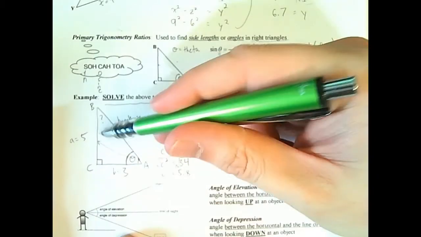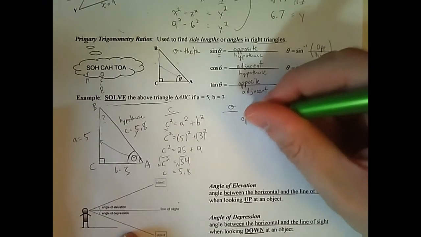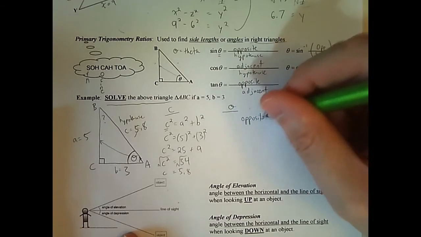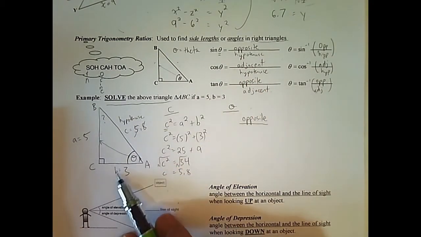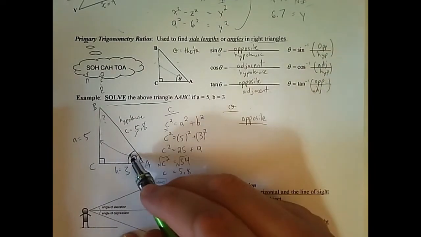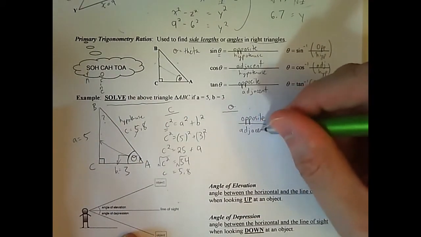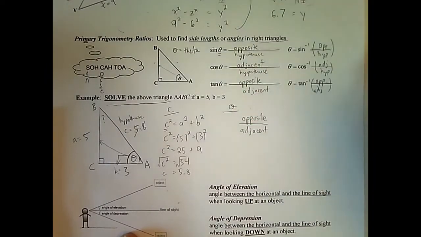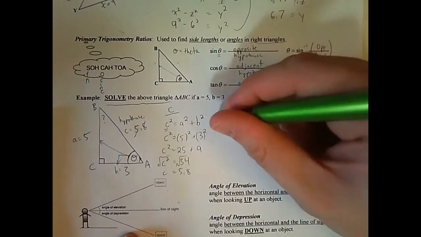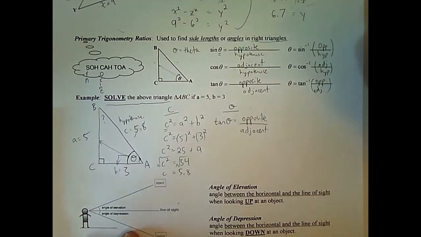Well, it's on the opposite side of the angle, so I have the opposite. And assuming I didn't have the 5.8 here, I would have the B value, which from angle A is actually adjacent to it. So if I see opposite over adjacent, oh, that's got to be tan. So tan theta is equal to opposite over adjacent.